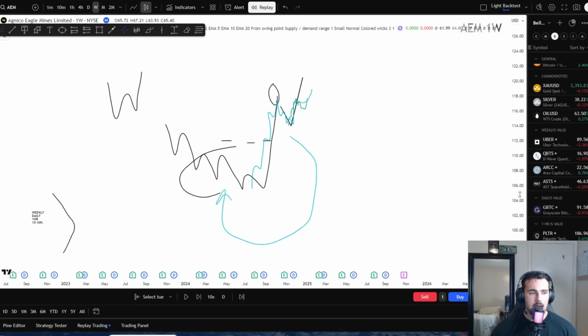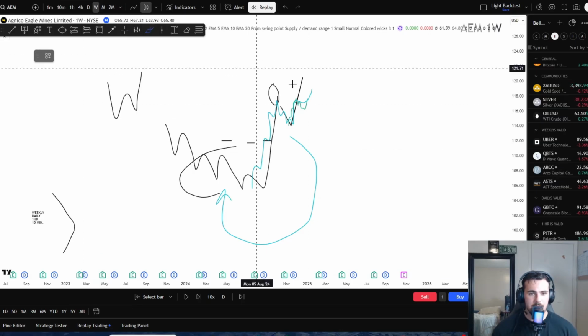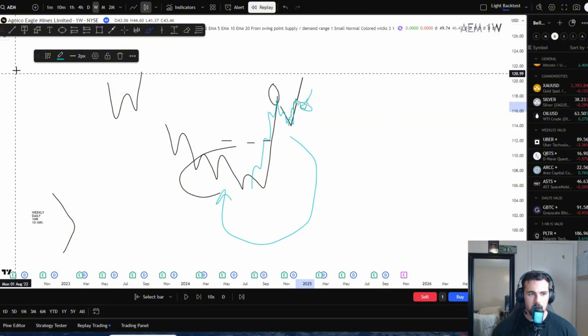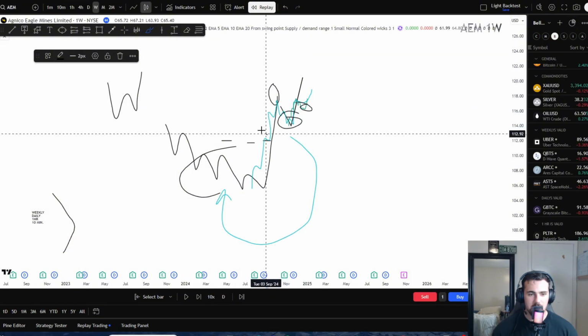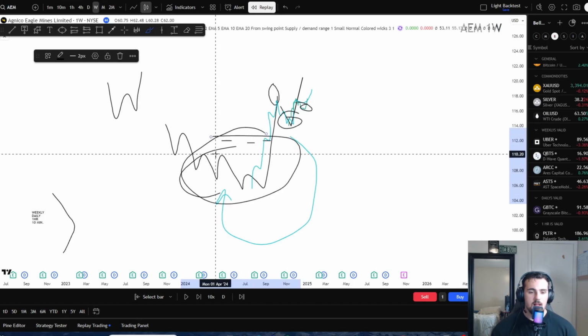And once the 1 hour creates the same pattern right here that the daily did right here and that the weekly is doing right here, that's when you have ultimate alignment. Yes, I know the drawings aren't the prettiest, but you guys will see once again, and I did a great job at showing this in my previous backtesting video, how the time frames actually line up and what you can expect and how to get involved when everything does line up.